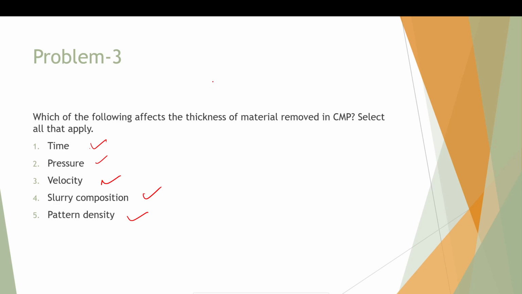Just like I said in the previous slide, whenever there is a denser pattern, the material will be removed less, and in other places it will be removed more. So it will be pattern density dependent.